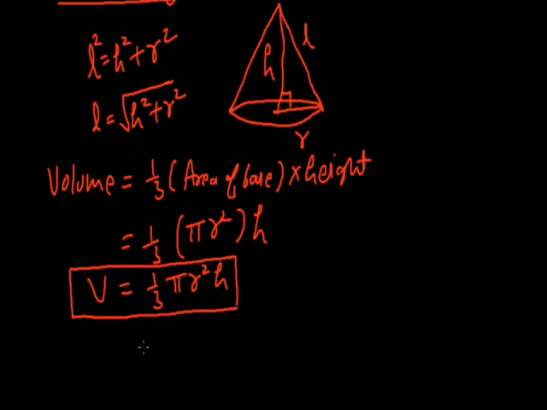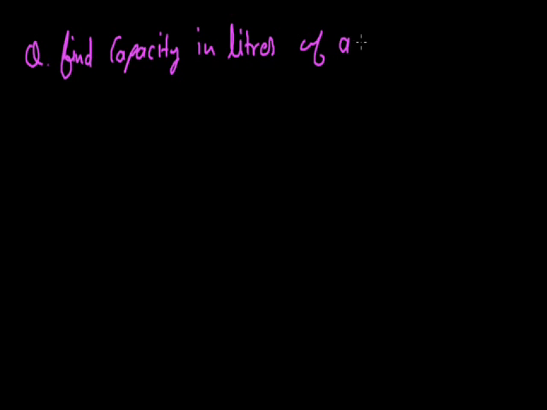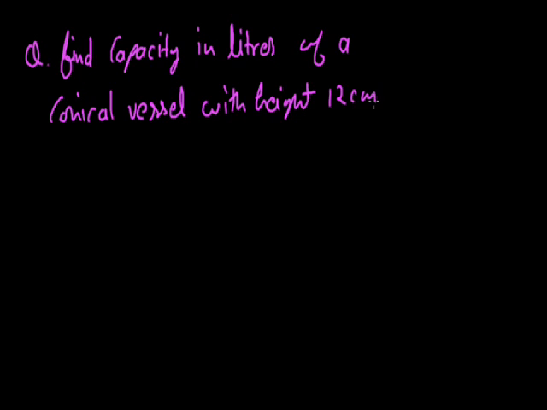Let's do the problems based on this. Now the first problem: find the capacity in liter of a conical vessel with height 12 centimeter and slant height 13 centimeter.